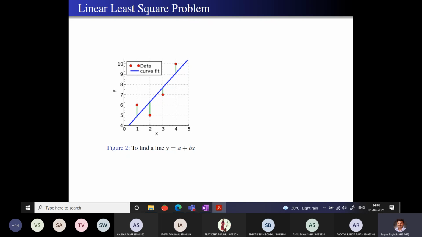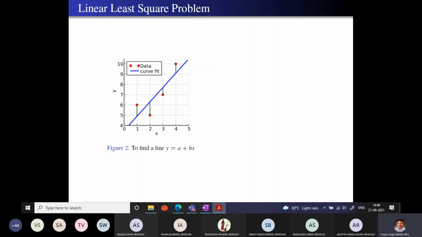Suppose these 4 data points are there with you: (1, 6), (2, 5), (3, 7), (4, 10). You are trying to fit a linear curve between them so that you can approximate. The linear curve may not be exact, and you can say that it is far away from the points. Definitely it is going to give an error.